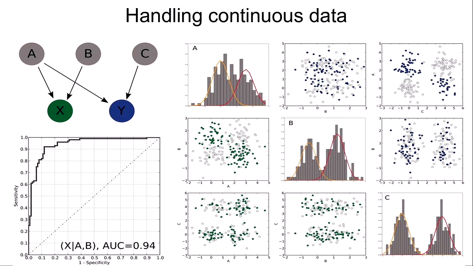So we have 3 variables that are regulating the 2 different outcomes, and they're all continuous. And in this case, both of the outputs actually depend on 2 different variables, and they depend in such a way that it's not easy to predict from one.